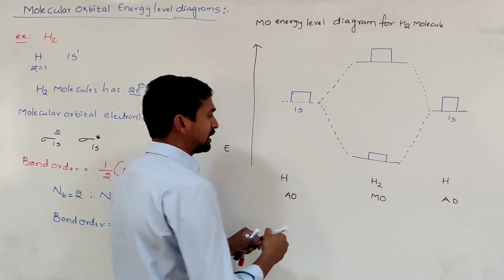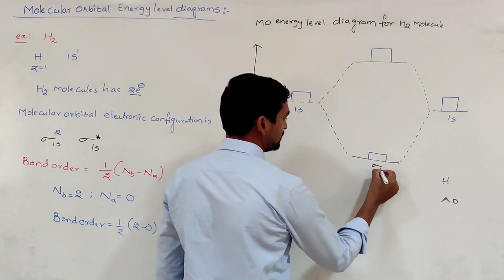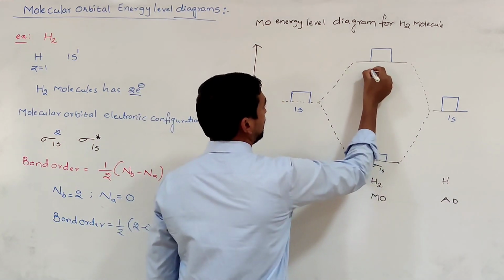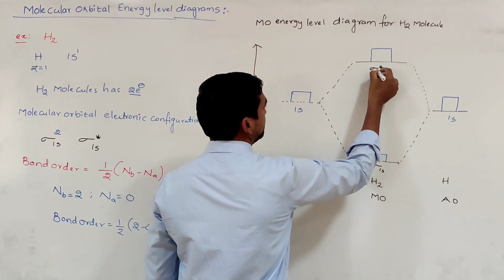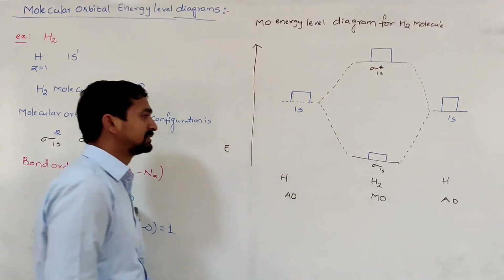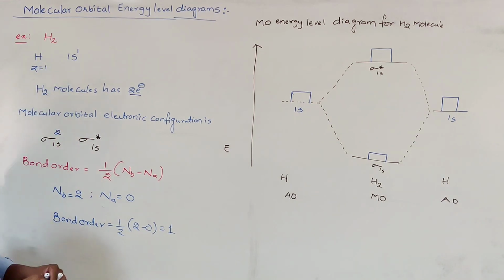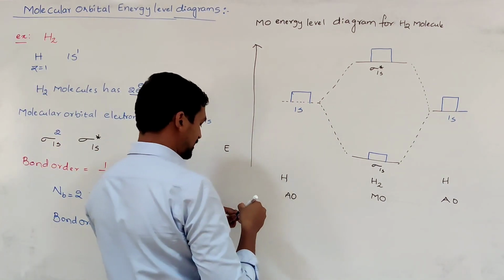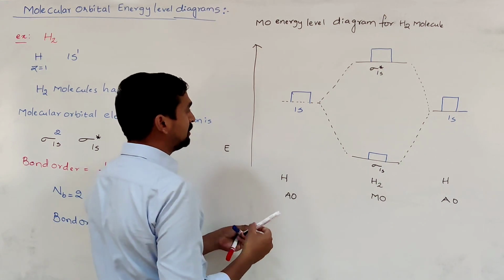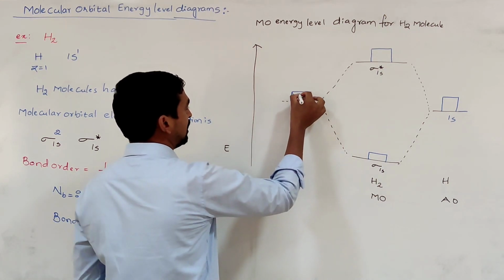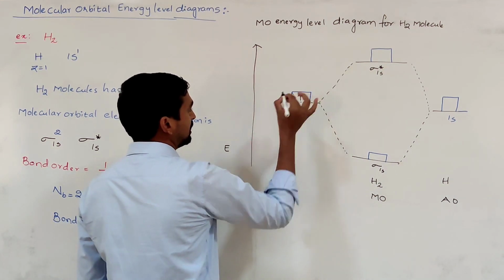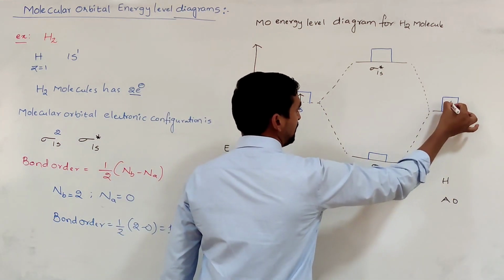The bonding molecular orbital is sigma 1s, the anti-bonding molecular orbital is sigma star 1s. So now when you see the electronic configuration of the hydrogen atomic orbital, each hydrogen can accommodate only one electron because the configuration is 1s1, here one electron. This hydrogen also has one electron.